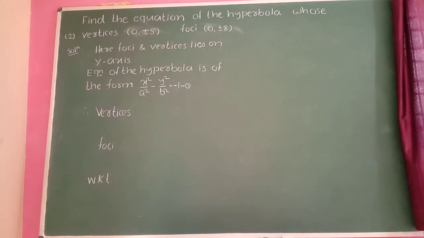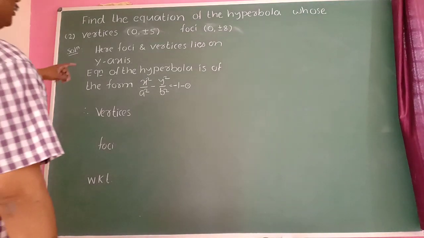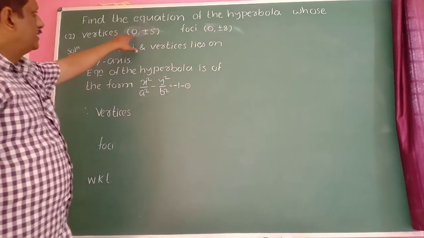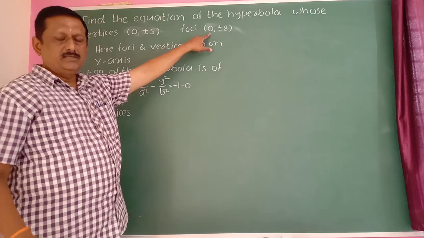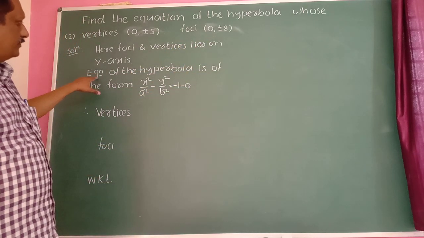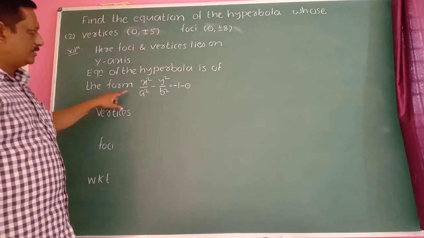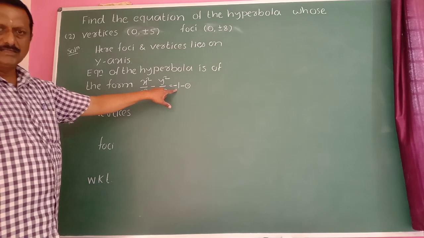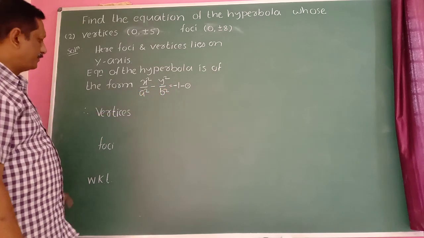Second example: vertices (0, ±5) and foci (0, ±8). Here the x-coordinates are 0, which means the points lie on the y-axis. Therefore, the equation of the hyperbola is of the form x²/a² − y²/b² = −1. It is a conjugate hyperbola.